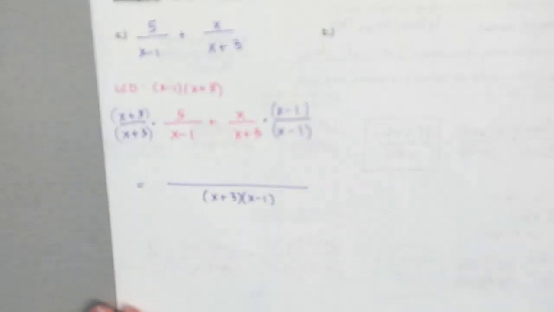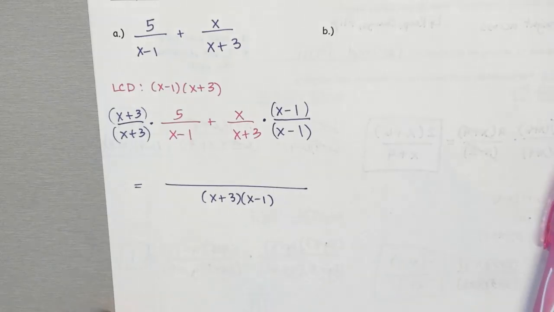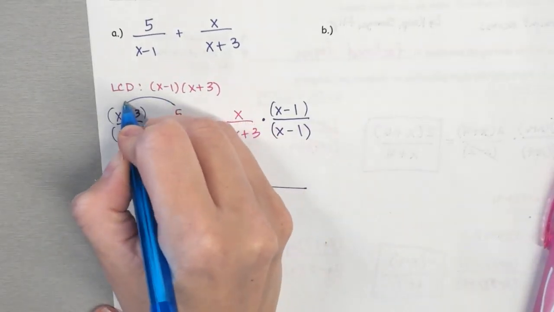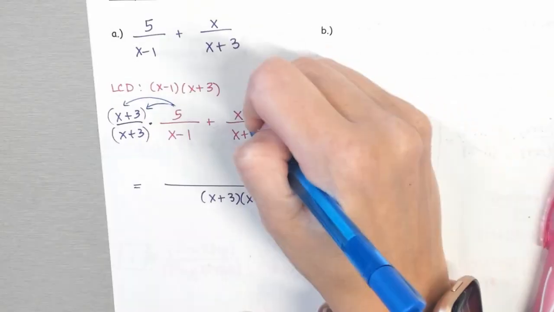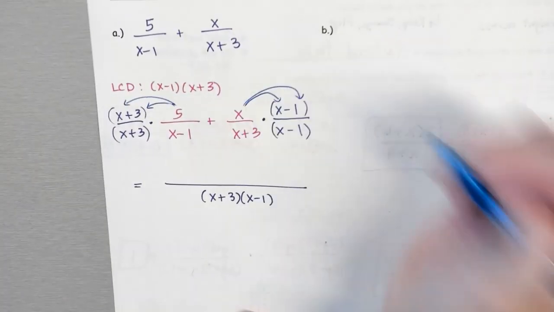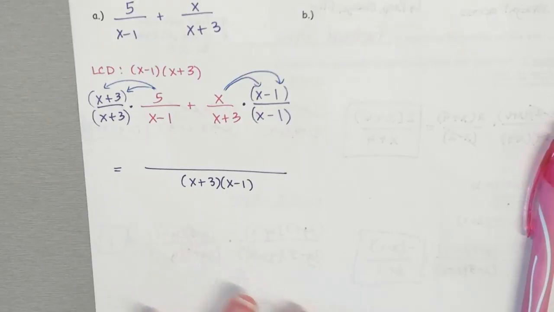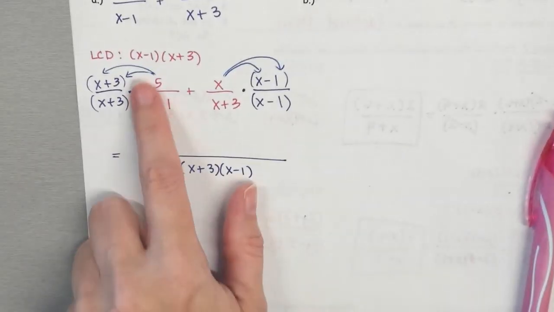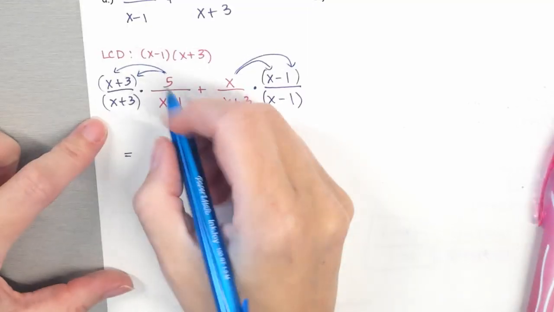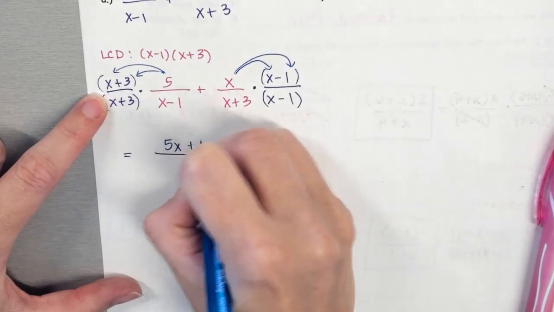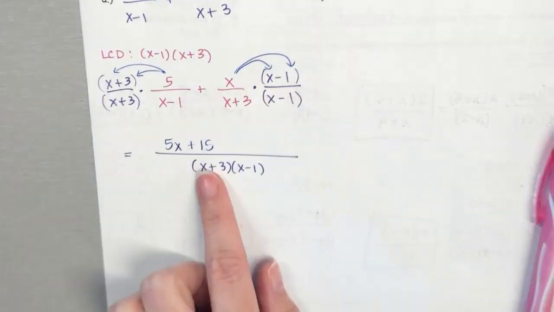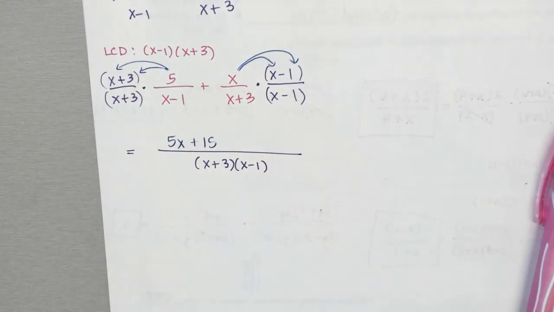Okay, but on the top, you are going to simplify, and that is when you distribute. So when you are adding or subtracting, you are going to be distributing. Okay, so I'll do the first one with you, and you can do the second one. So 5 times x is 5x, 5 times 3 is 15, and then I want you to multiply those, and then we're going to combine the like terms.